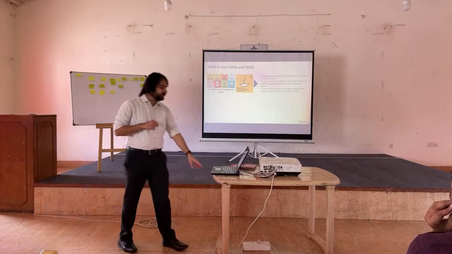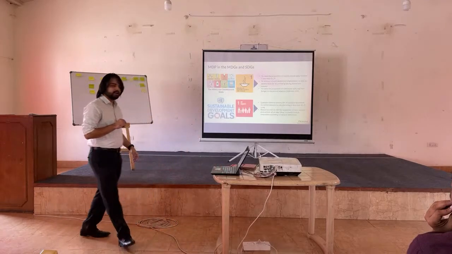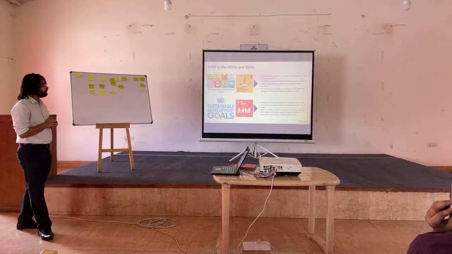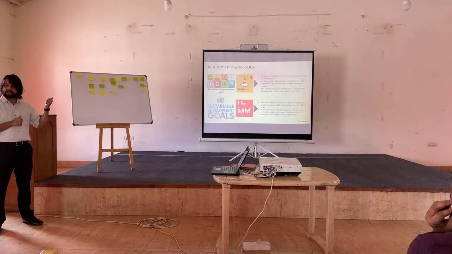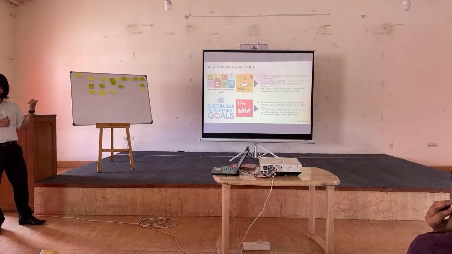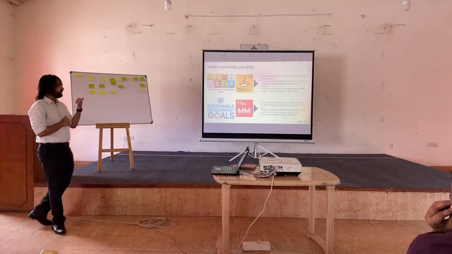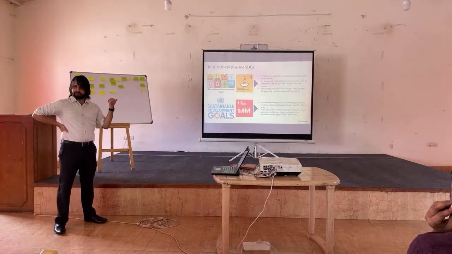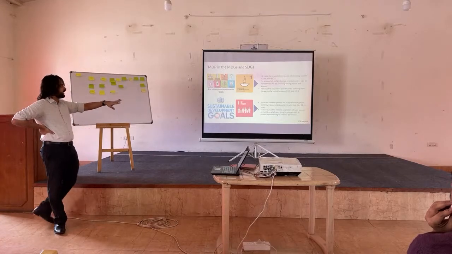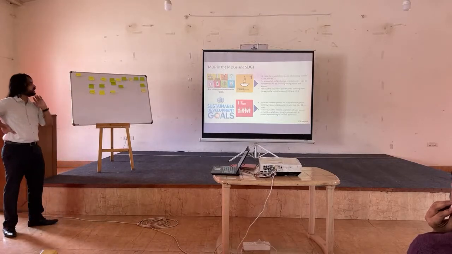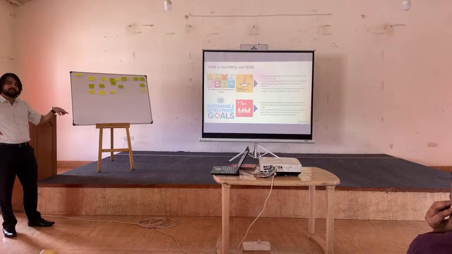If you look at the SDGs though, they talk about it in a very different way, right? They're talking about eradicating extreme poverty for all people everywhere. So you've got income-based poverty, and the second one, target 1.2, actually talks about poverty purely in the multidimensional sense, where it says reduce at least by half the proportion of men, women, and children of all ages living in poverty in all its dimensions.